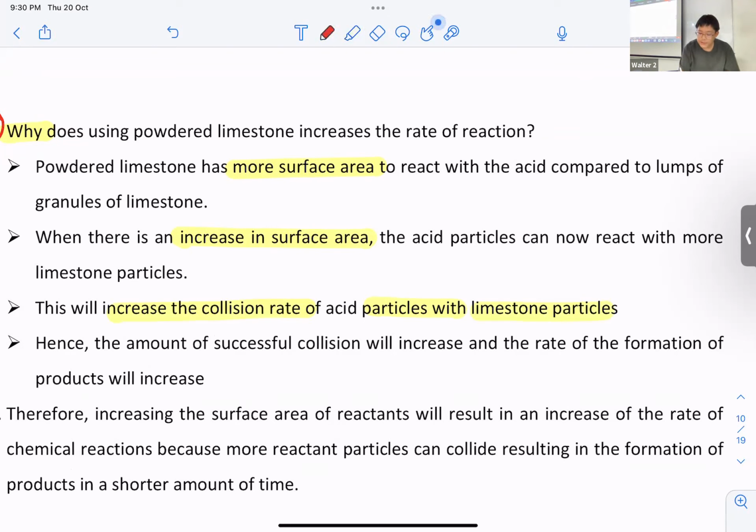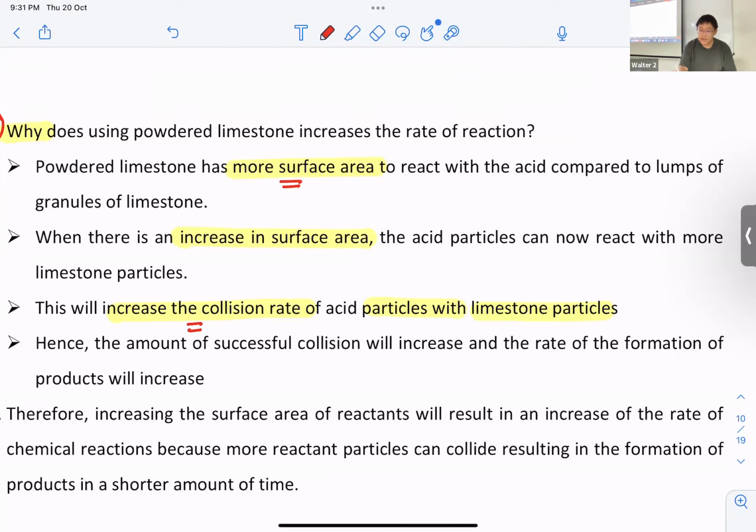So the first one is to explain surface area exposed, and then explain the second point, which is an increase in the number of collisions between the reactant particles.